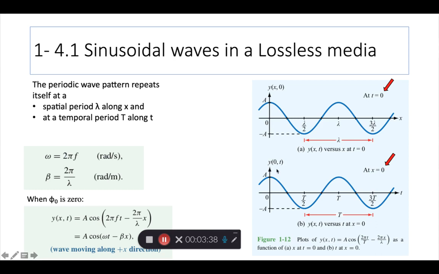Similarly, you can say, I will only observe one point. That means the center point where I throw the stone, and ignore the rest of the lake. But at that one point, and that point is at the origin, that means x is 0, you're going to look at that point slightly before you throw the stone, then you throw the stone, and then for a few seconds after you throw the stone.